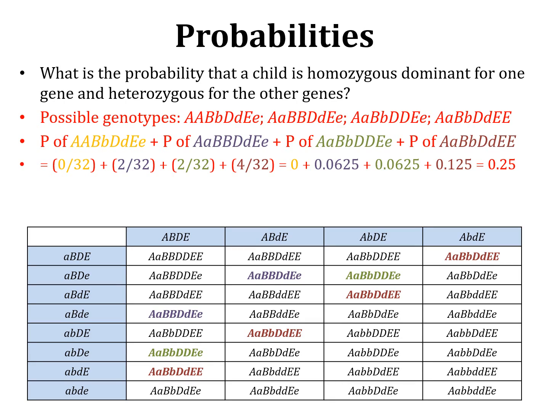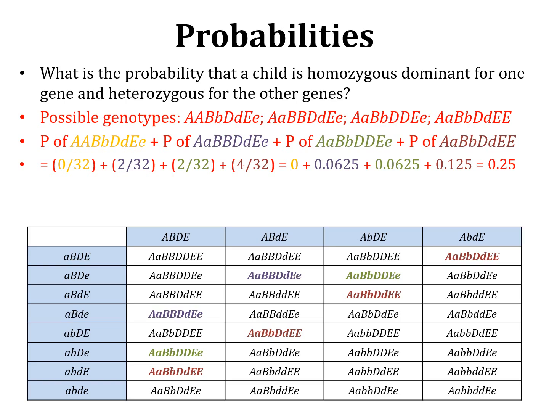So when we look into the table, we can see that there is no individual who is homozygous dominant for the A gene and heterozygous for the others, right? And then for the next genotype, we see that 2 individuals belong to that genotype, which is homozygous dominant for the B gene and heterozygous for the others.